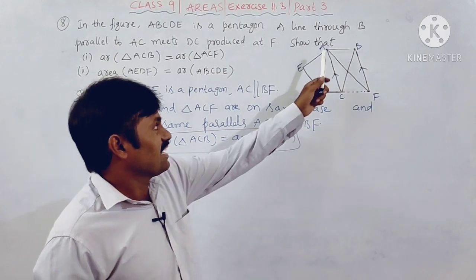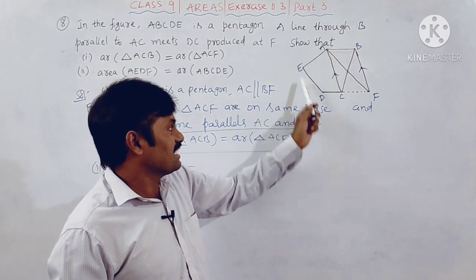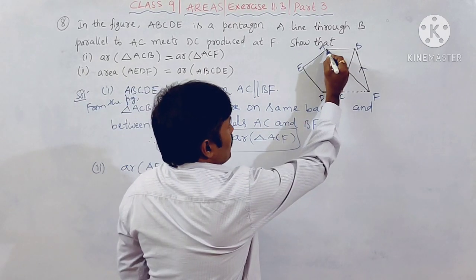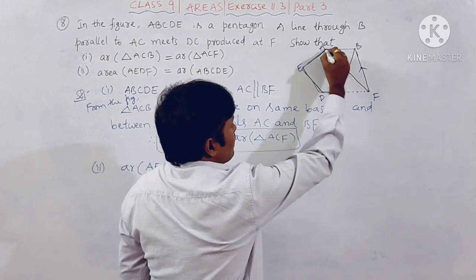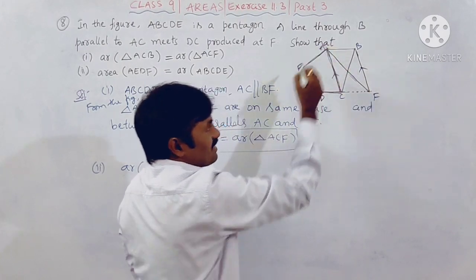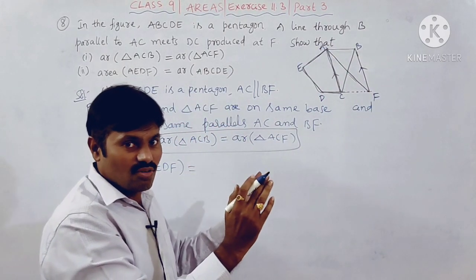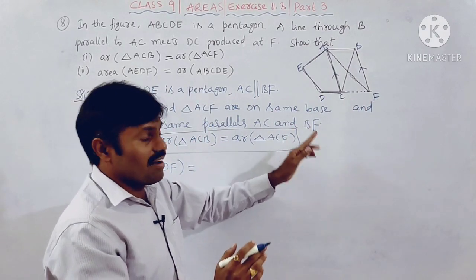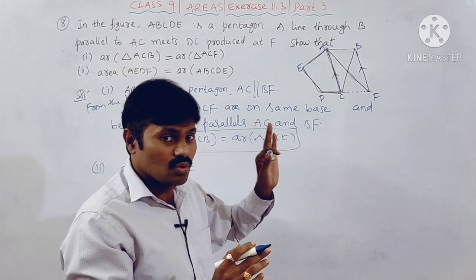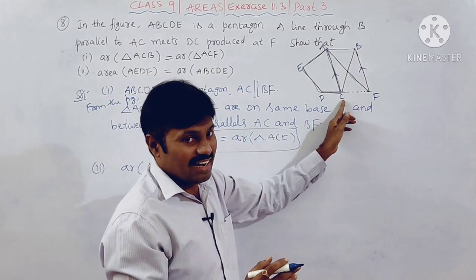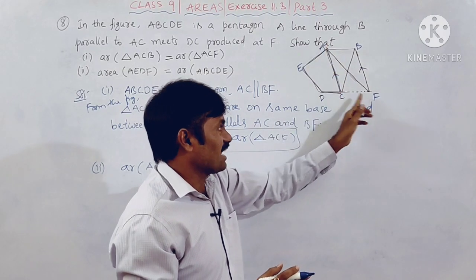See here, area of quadrilateral AEDF can be written as the sum of the areas of two polygons. What are those? One is quadrilateral AEDC, plus triangle ACF.